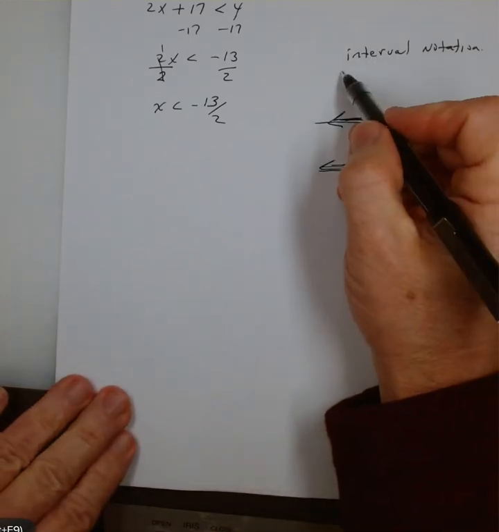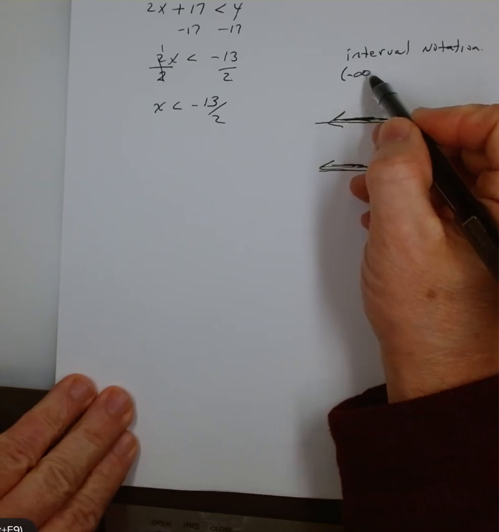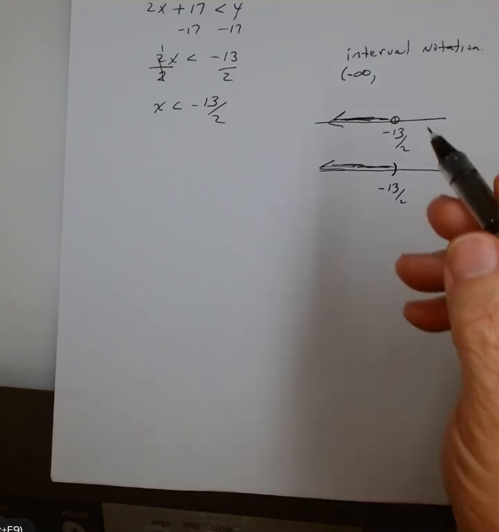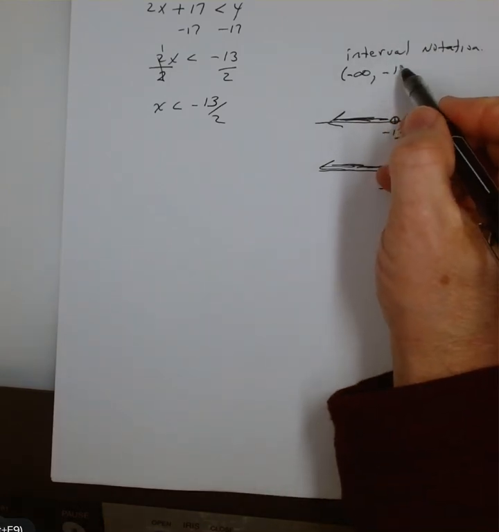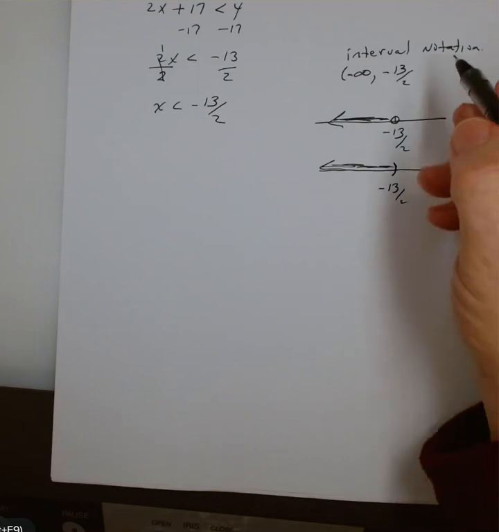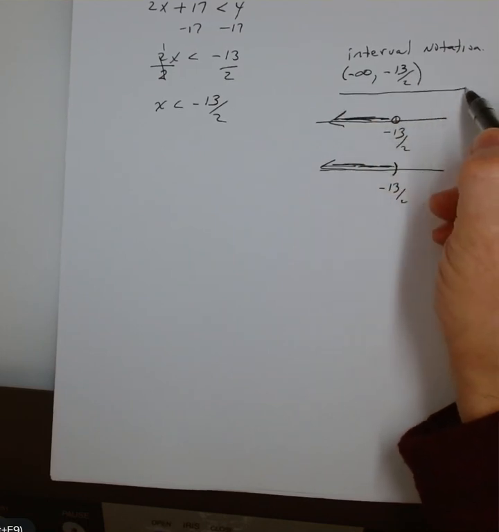So you're going to say parentheses, negative infinity, make sure it looks like an infinity symbol, comma, all the way to what number? Negative 13 over 2. Bracket or parentheses? Parentheses, because negative 13 halves is not a solution. And so that's your interval notation.